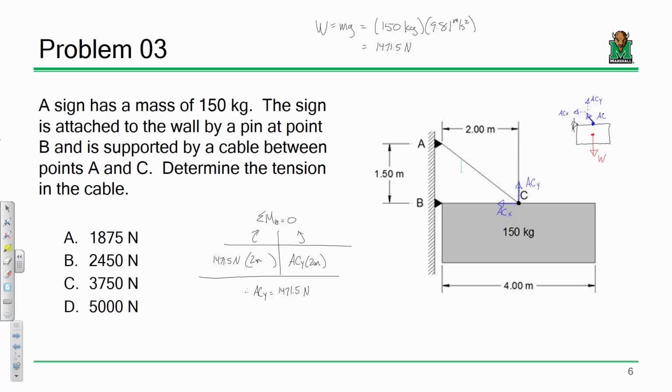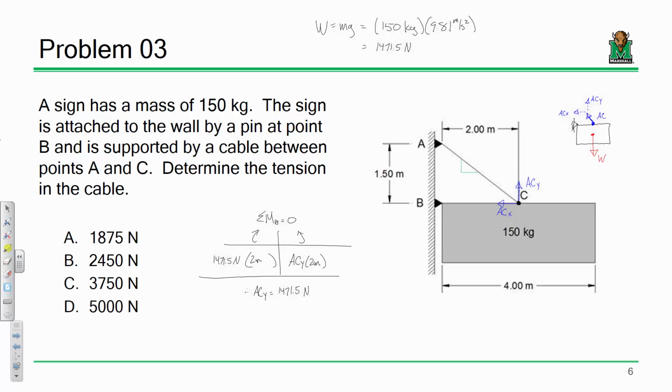Now, does anybody know the slope ratio for that cable? We go over 2, up 1.5, maybe over 4, up 3. So it's a 3, 4, 5.